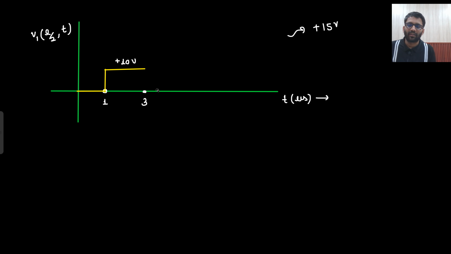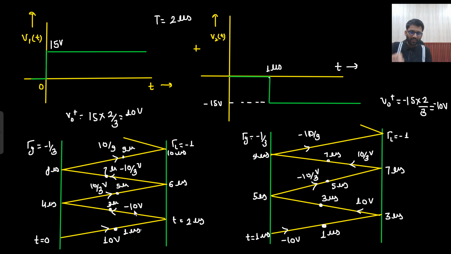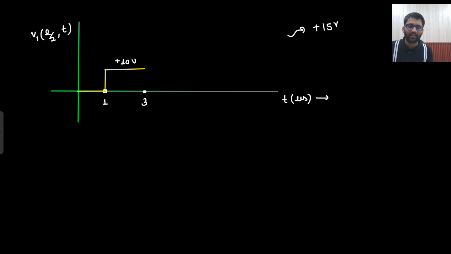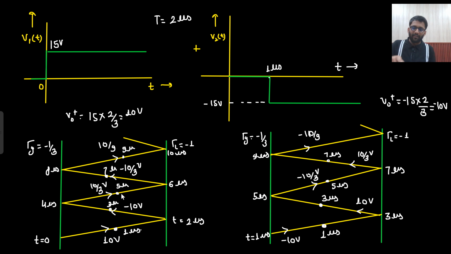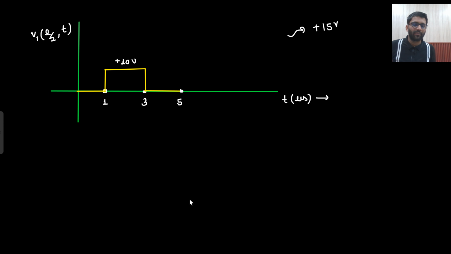Why am I taking it to 0? That I need to check now. At 3, what is happening? At 3, plus 10 and minus 10, so you are coming back to 0. Now this 0 will remain there till 5 microseconds. Now at 5 microseconds, what is happening? Plus 10, minus 10, and then 10 by 3. So at 5 microseconds 10 by 3 volt comes into action, and it will remain there till 7 microseconds.